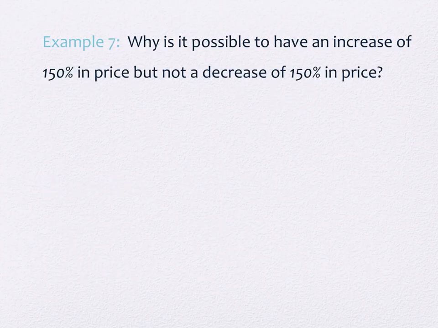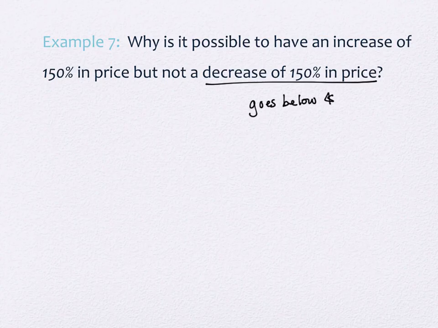Okay, example 7. We touched on this briefly last time about it being possible, but we didn't really talk about why necessarily. Why is it possible to have an increase of 150% in price, but not a decrease of 150% in price? Because you can't go below 0. Yeah, a decrease of 150% would actually be going below $0.